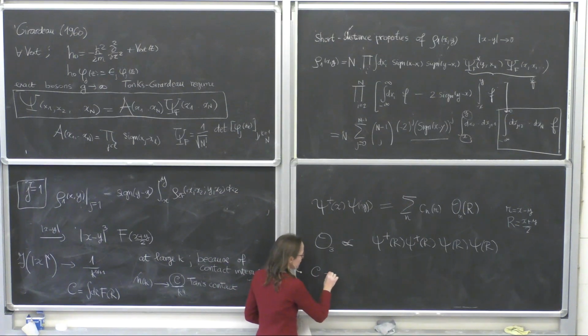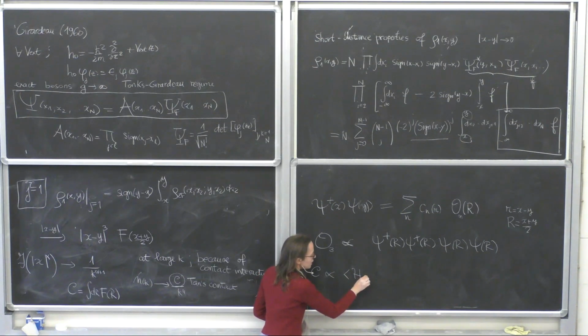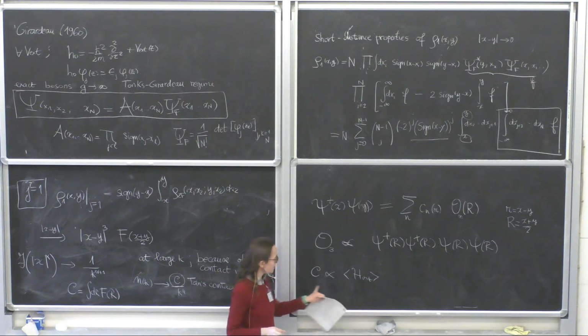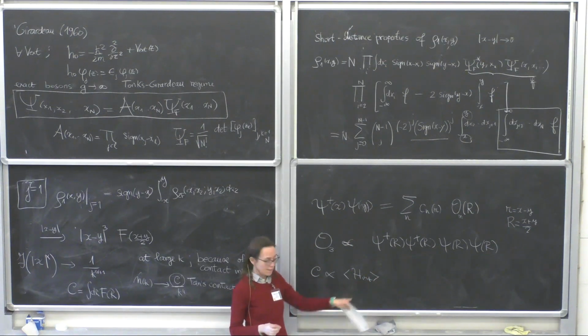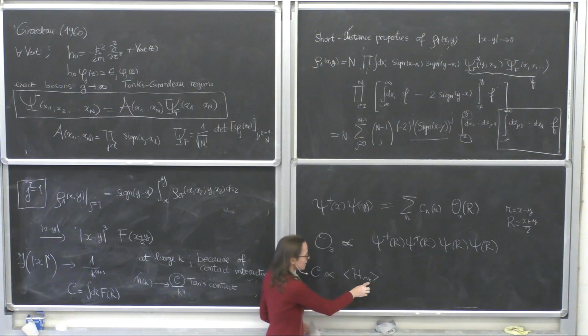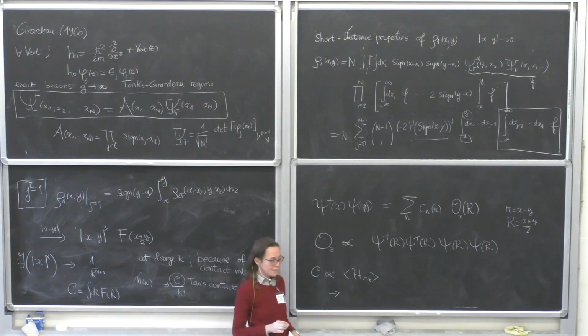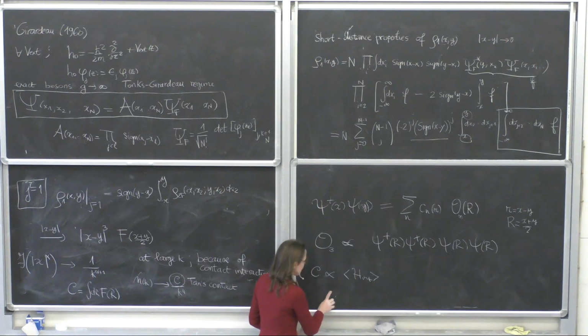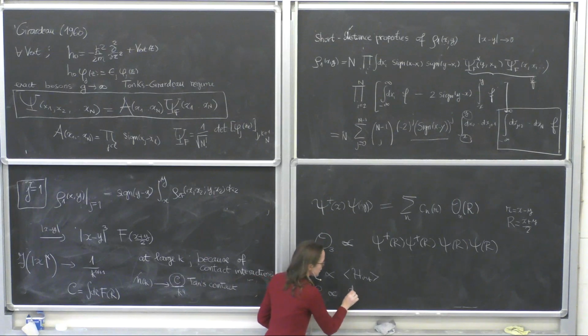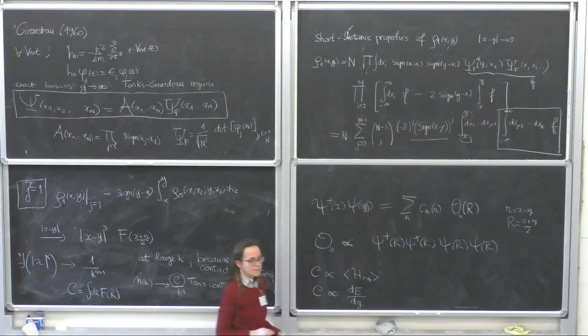For example, the contact is proportional to the interaction energy, so it can be calculated from ground state properties. Moreover, since the interaction energy can be related to the total energy, there is another relation that links the contact to the derivative of the energy with respect to the interaction strength.